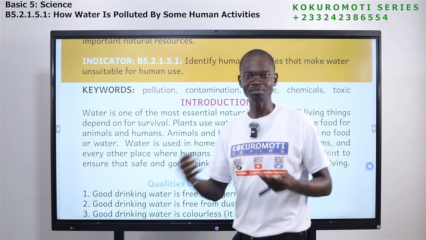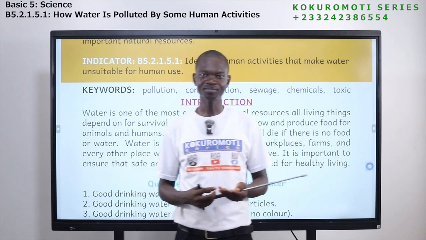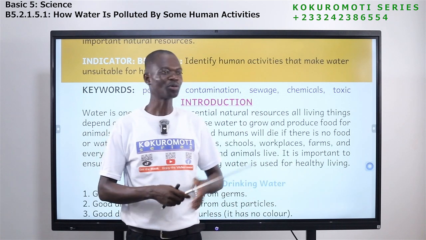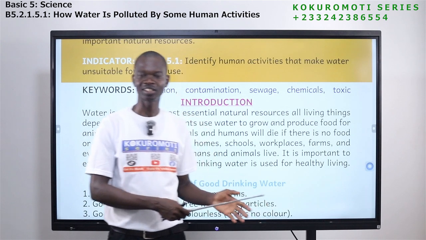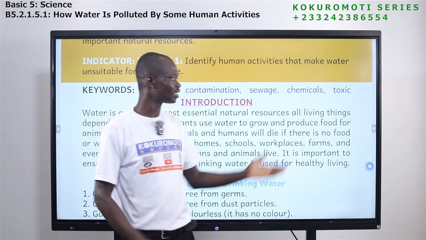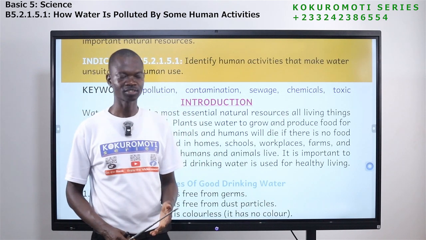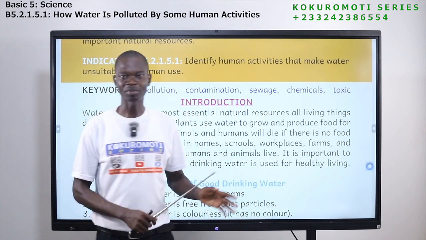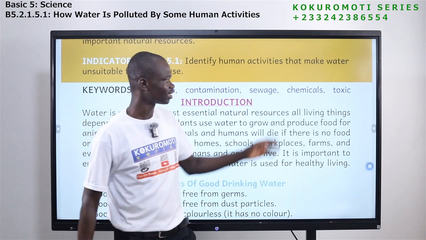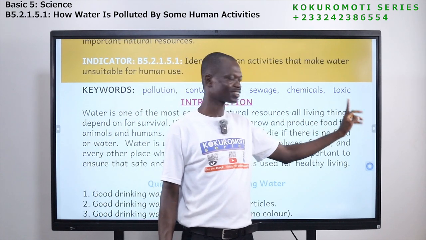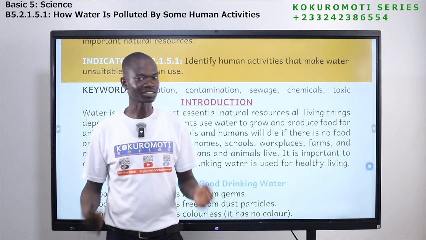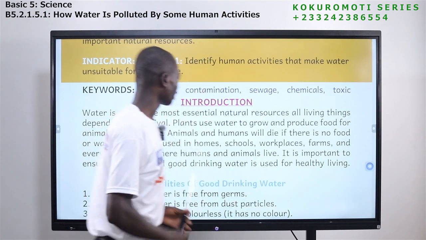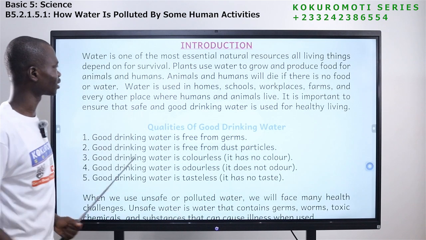The weedicide is made of chemicals. A whole lot of substances that we use are made of chemicals. And remember, chemicals are not always harmful. Some are for good purposes. The next one is toxic. Toxic means poisonous.